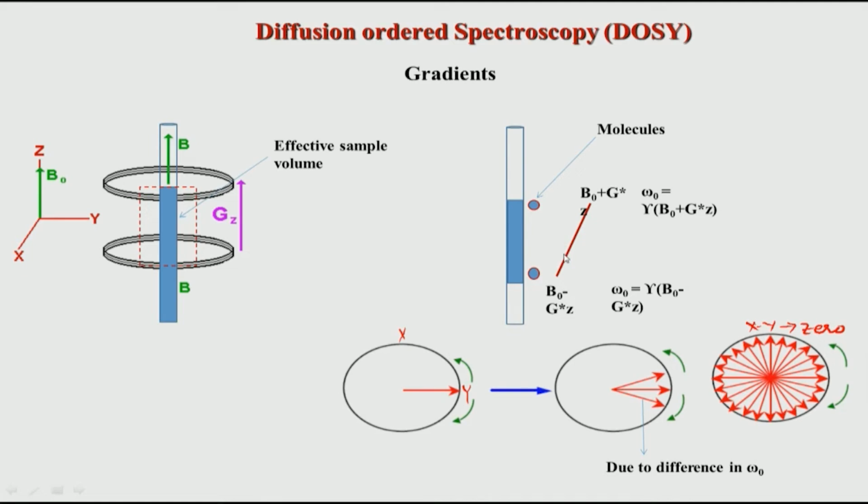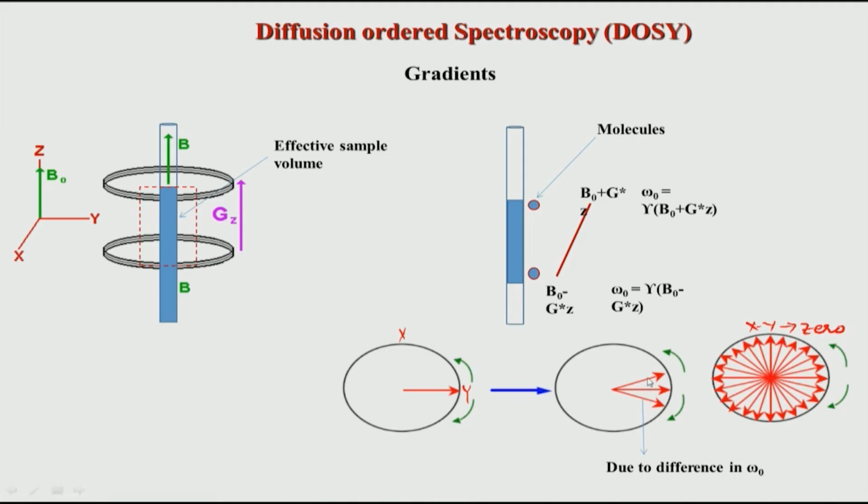You can also say that we have created an additional chemical shift along the sample. The same molecule is now spread over a large chemical shift range, because each part of the sample has a different omega 0. So, the molecules do not stay in phase, they start to dephase, similar to what you see in T2 relaxation. But this is an induced dephasing and not a random dephasing as in the T2 case.